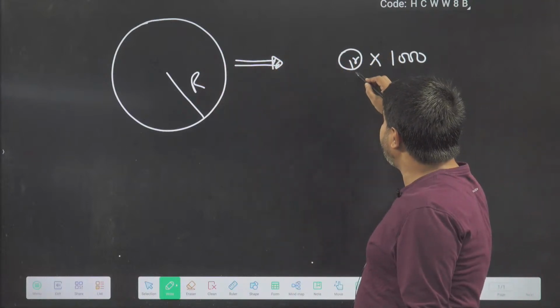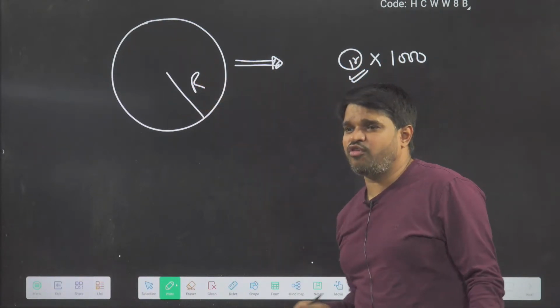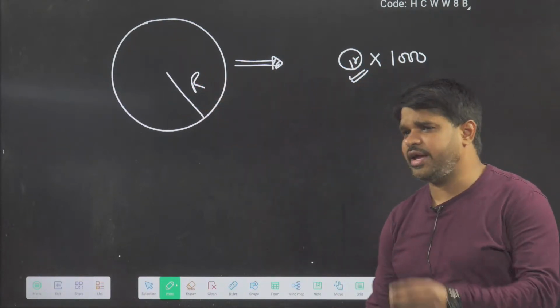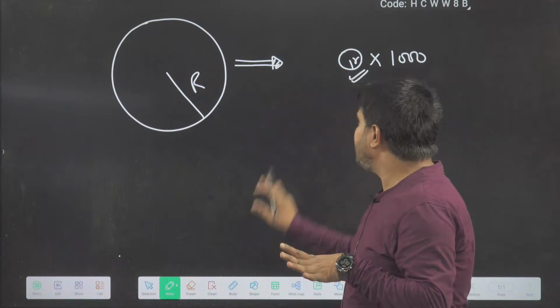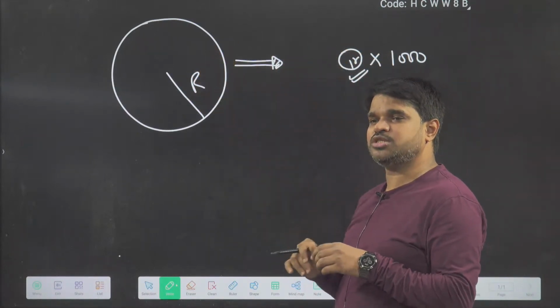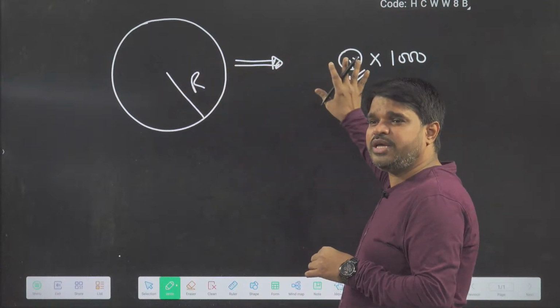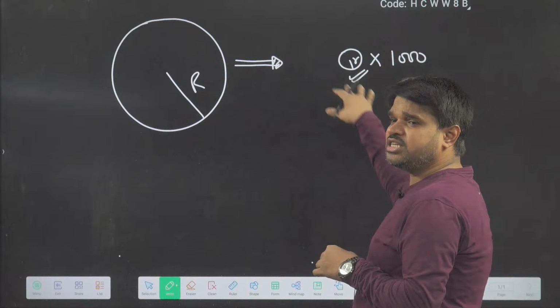So I have to find the radius of this small sphere in terms of what? Capital R. The process is very simple. These 1,000 spheres are made from this big sphere, so the volume of this big sphere must be equal to the volume of these 1,000 spheres.